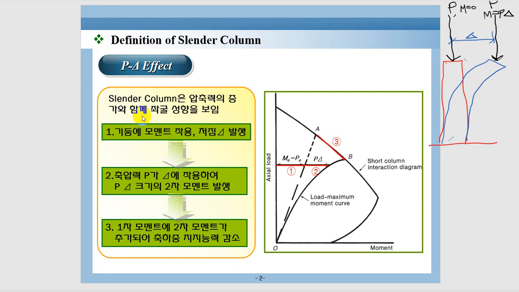So when you have a moment on a slender column, you have a considerable deflection, and then you calculate P delta, which is a secondary moment, also occurring, and then you have to design for this.